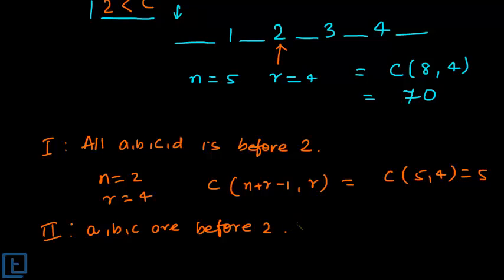So what will be the number of possible arrangements? The value of n will remain 2 and the value of r will be 3. So it will be C(2 plus 3 minus 1, 3), which is equal to 4.